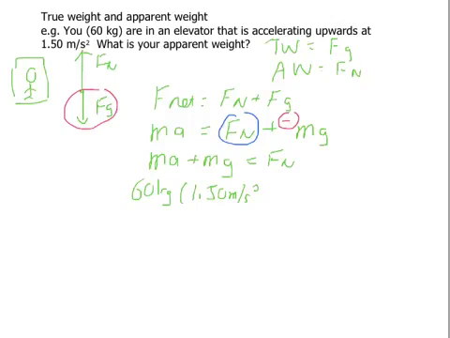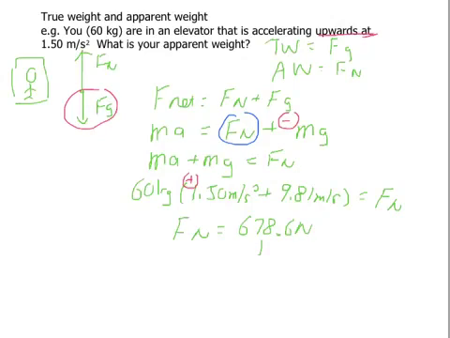And because the elevator is accelerating upwards, this is positive, plus g is always positive 9.81, equals Fn. We solve, and it is 678.6 newtons, or 6.8 times 10 to the 2 newtons. And it's positive, so therefore it is up, which is good because the elevator is pushing you up.